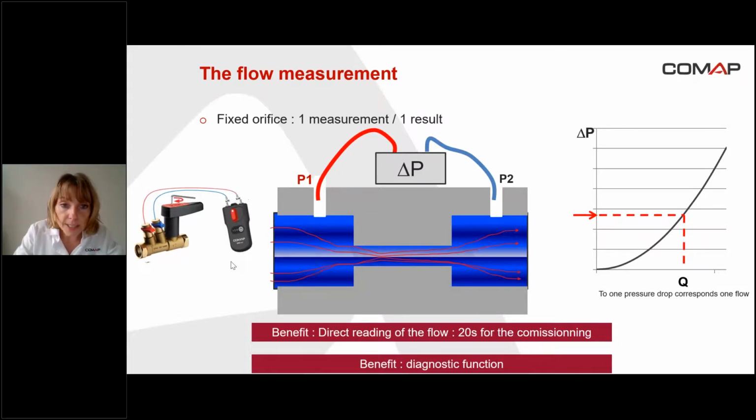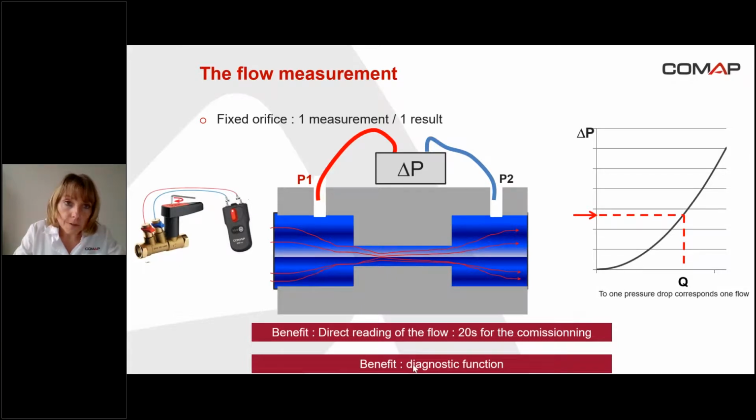As there is a fixed orifice, that means for one delta P measurement corresponds one flow. So for the commissioning, for example, it's going to take 20 seconds because we can directly read the flow on the device when we are doing the setting. So it's very easy and very fast to adjust the flow.